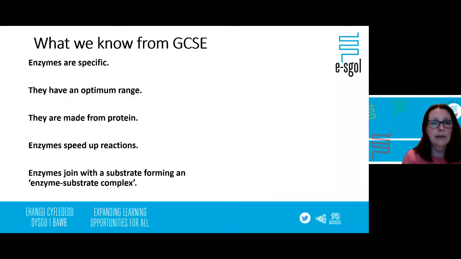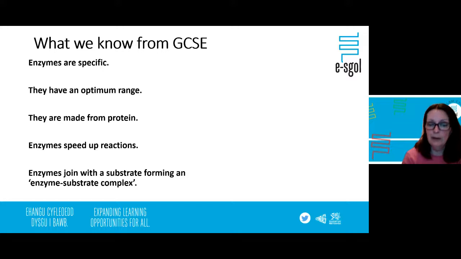So in our small intestine, it's an alkaline condition, so enzymes that work in that optimum alkaline pH range will work best. All enzymes are made from protein, and if we remember, the structure of protein enables those enzymes to do their specific jobs depending on how the protein is folded. Remember, it's amino acids that make up the protein.